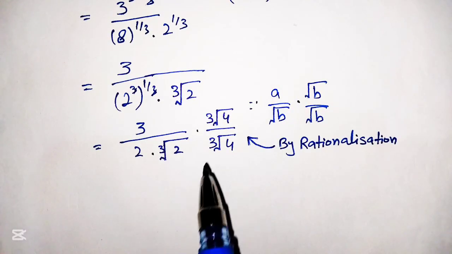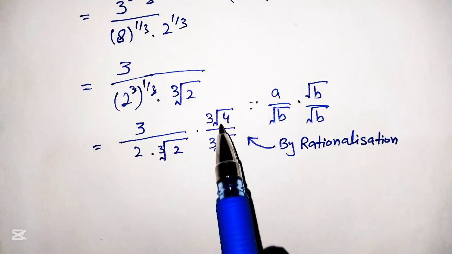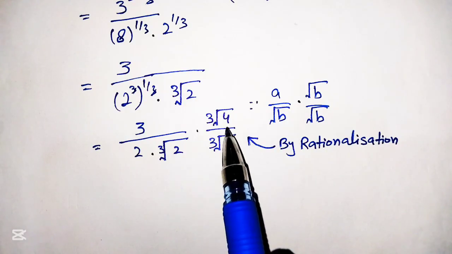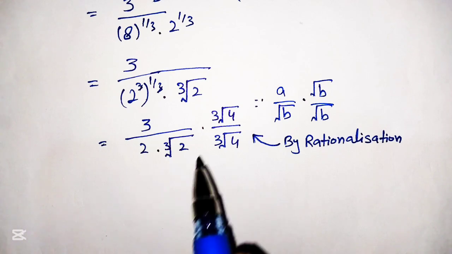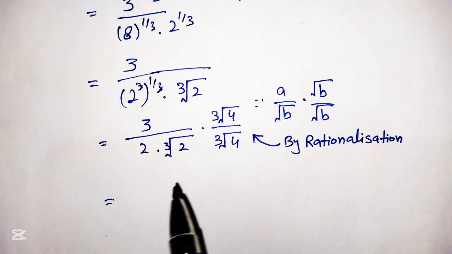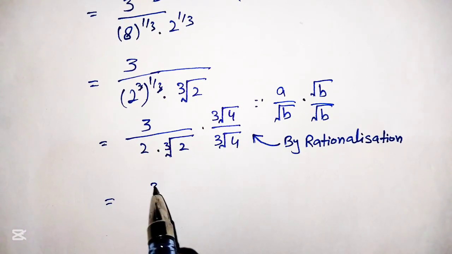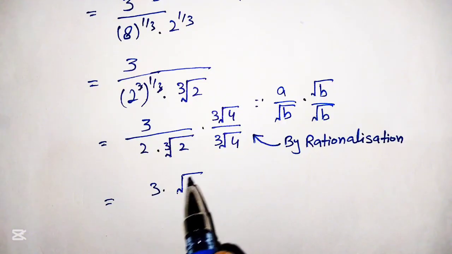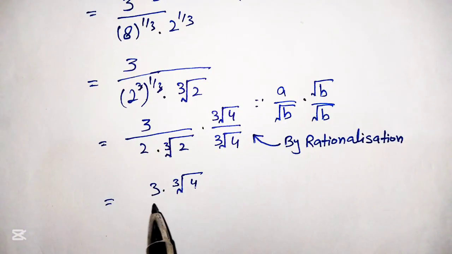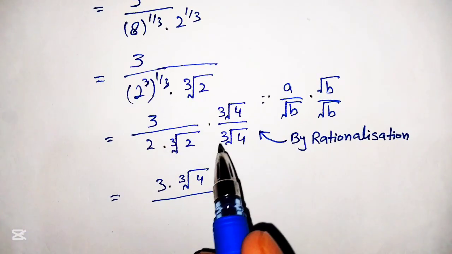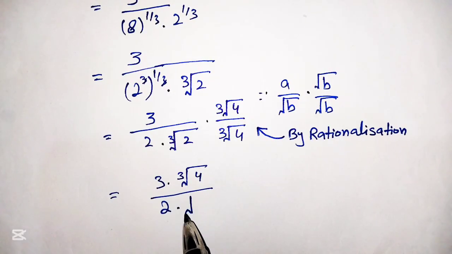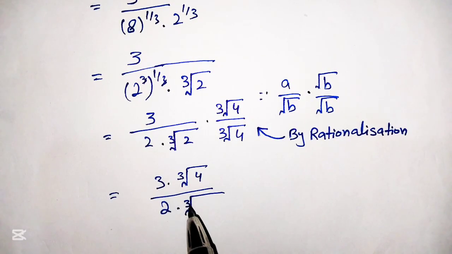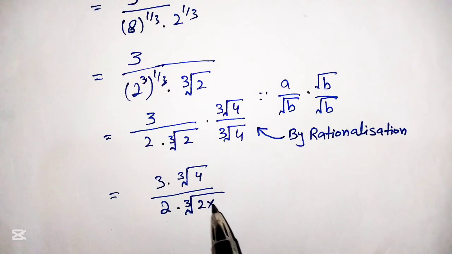In the further steps we will see the effect of this number, that is why we multiply and divide by this number to rationalize it. So simplifying this, we can write it as 3 times the third root of 4 divided by 2 times the third root of 2 times 4.